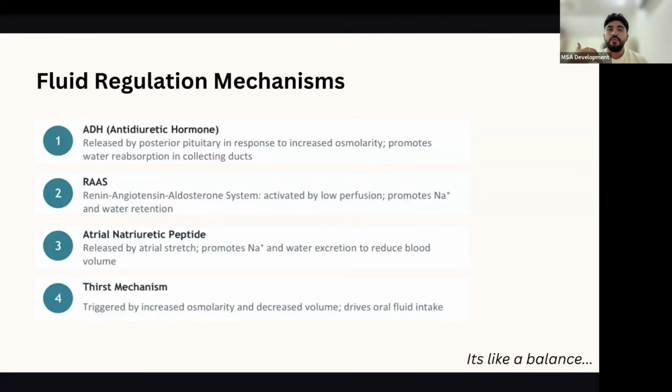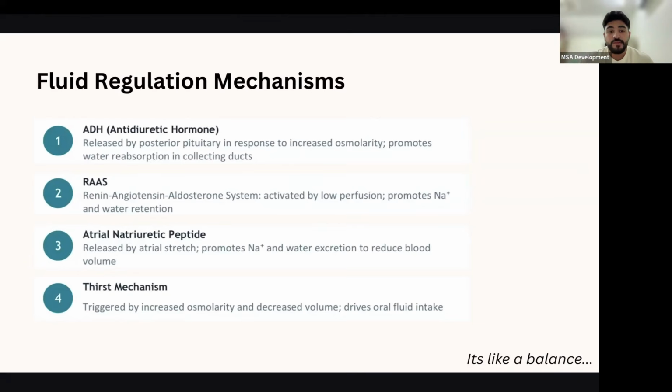So this will promote sodium and water excretion to reduce the blood volume, because when stretched, you have this high volume. So it kind of tells the body that, all right, we're having a lot of volume that we probably don't need, and it's going to overwork us. So let's just get rid of it.